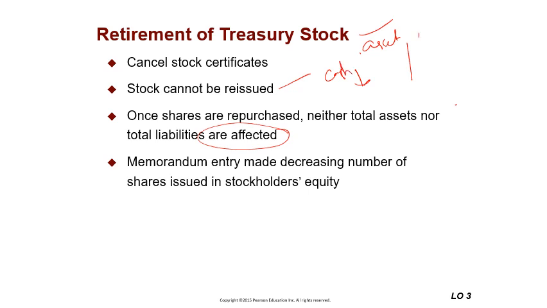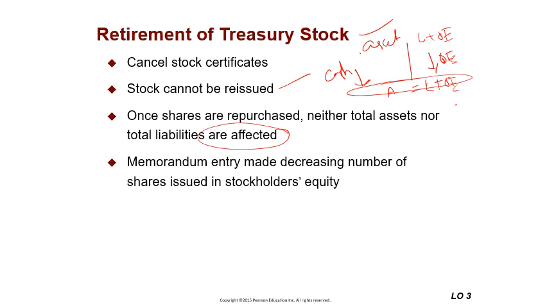On the liability and ownership side, owner's equity also decreases, right? So the accounting equation, assets equal liabilities plus owner's equity, remains balanced.